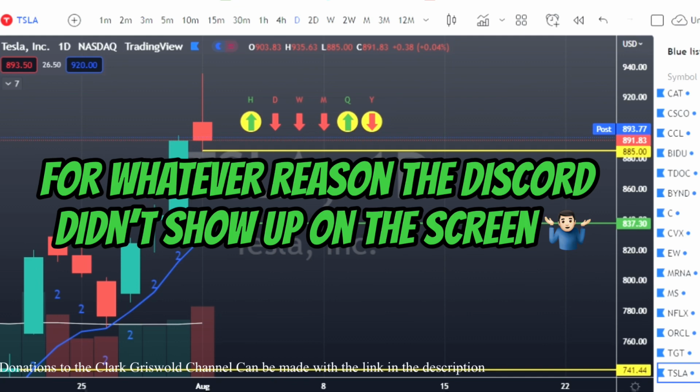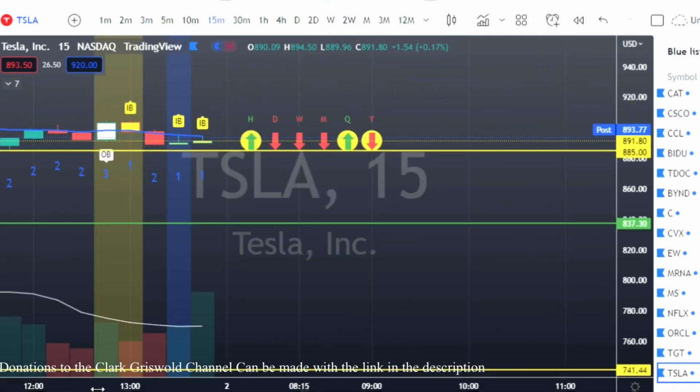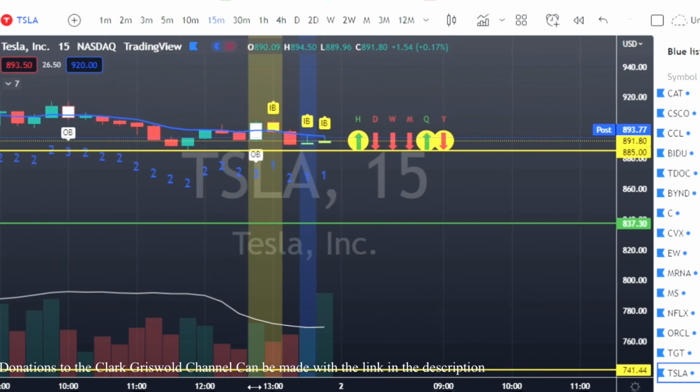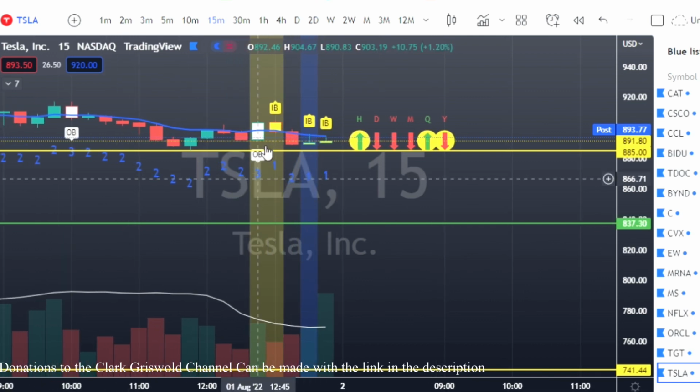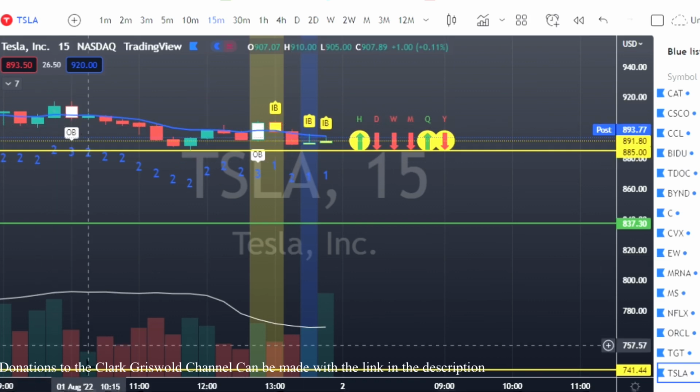Okay, so if we go back to our 15-minute chart on Tesla, that was it.